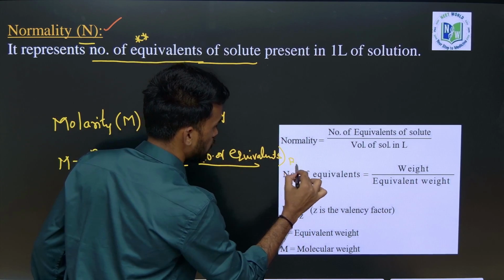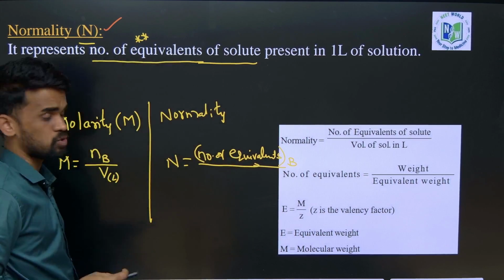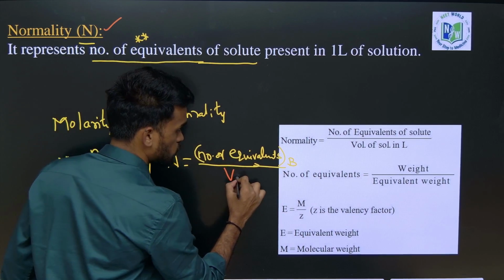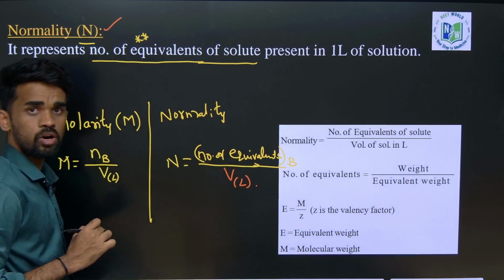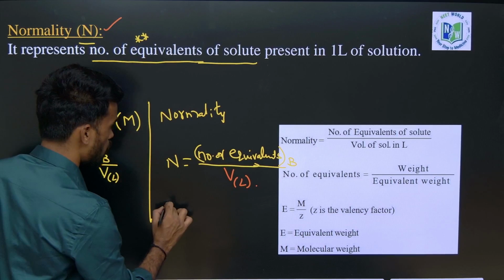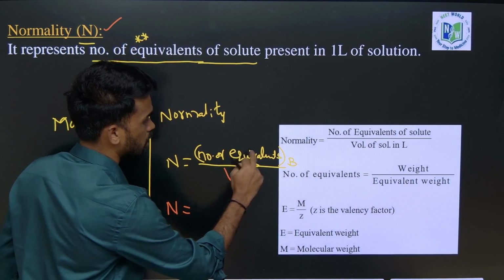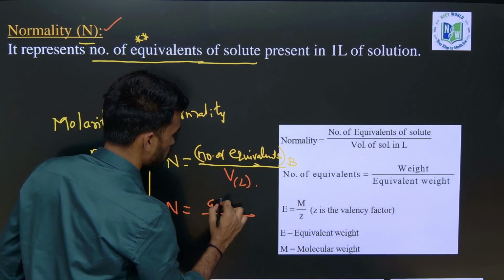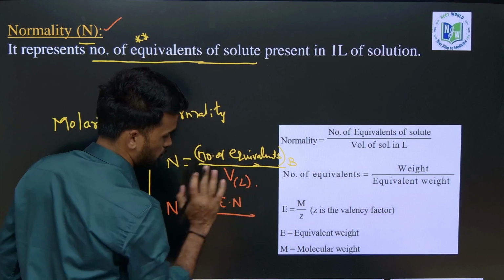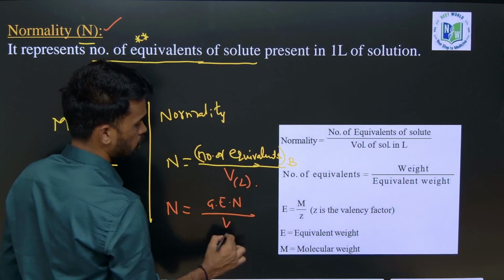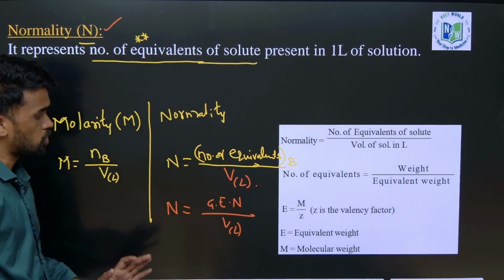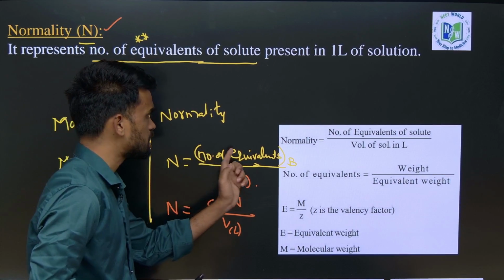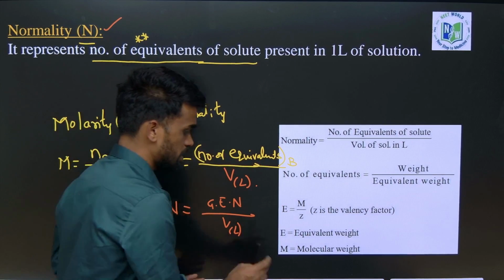Let us indicate solute with B: number of equivalents of B divided by volume of solution in liters. This is how you need to write. In short form, let us say number of equivalents, or number of gram equivalents, is the same thing, divided by volume in liters. So what exactly this number of equivalents is, we will be seeing now.